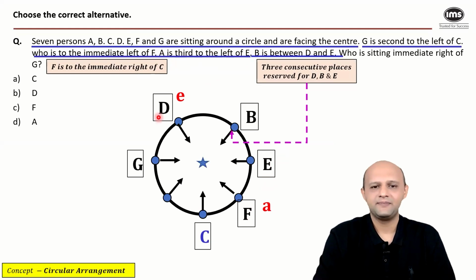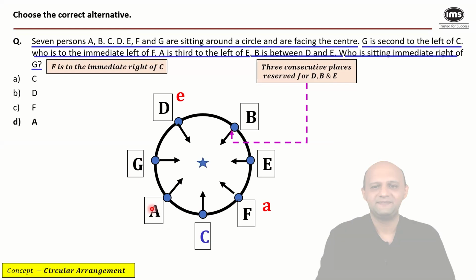It has to be D. And therefore, this place, adjacent to C or to the immediate left of C, would be occupied by A. Now, what's the question? Who is sitting to the immediate right of G? Answer is A.